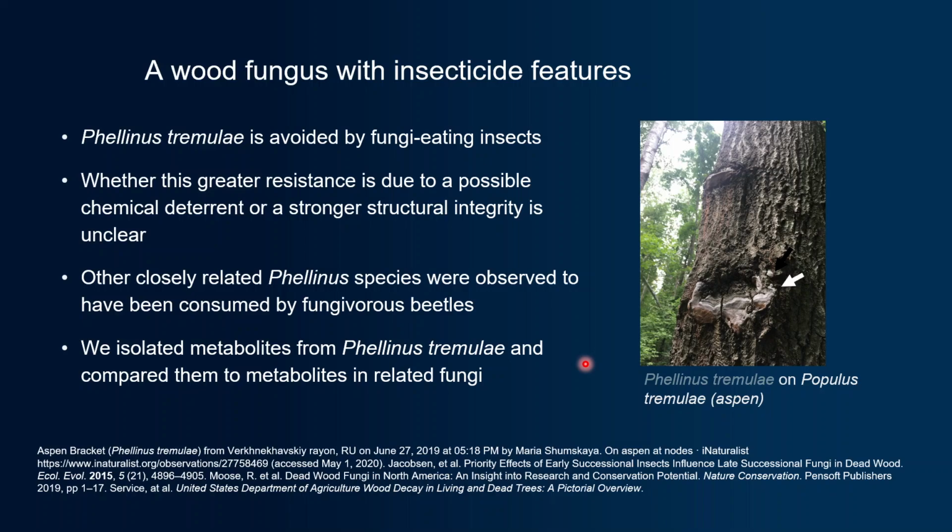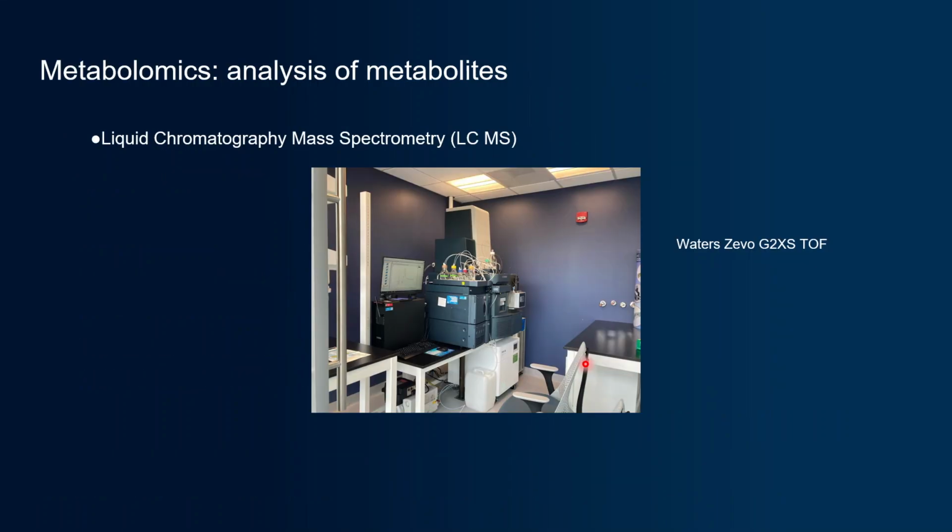So we're definitely not at the stage when we can develop an insecticide. What we can do is study the chemicals inside the fungus and see what they are, maybe test them on pest insects first and see if our hypothesis that the aspen bracket actually has some insecticide inside is correct. All right, in order to study the chemicals, we have an instrument that's called a liquid chromatography mass spectrometer to perform this spectrometry analysis.